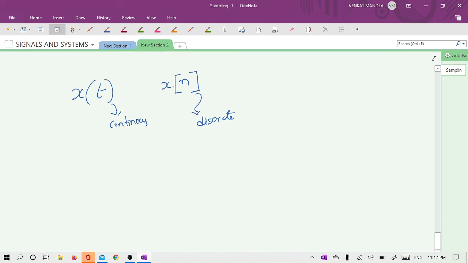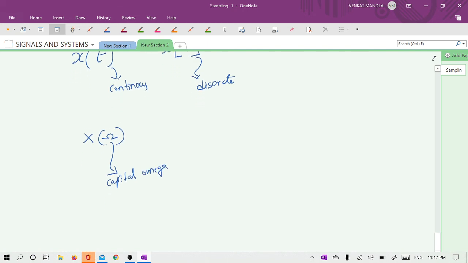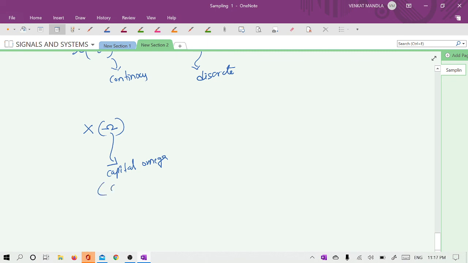And so X of omega, this is capital omega. I will reserve this symbol for continuous time frequency, and X of e power j omega, this is little omega, small omega.